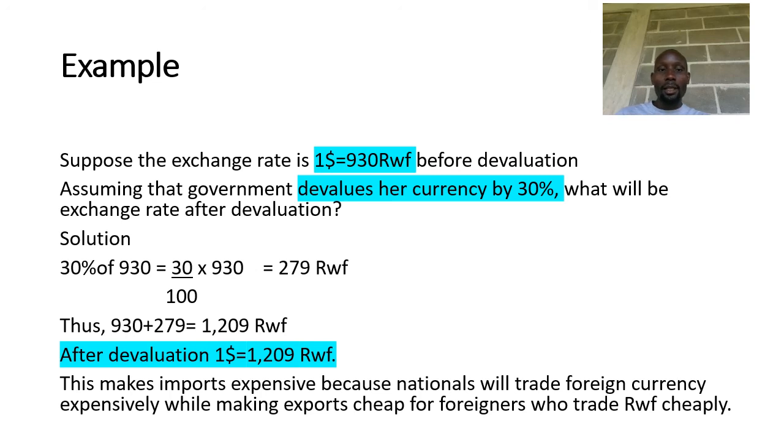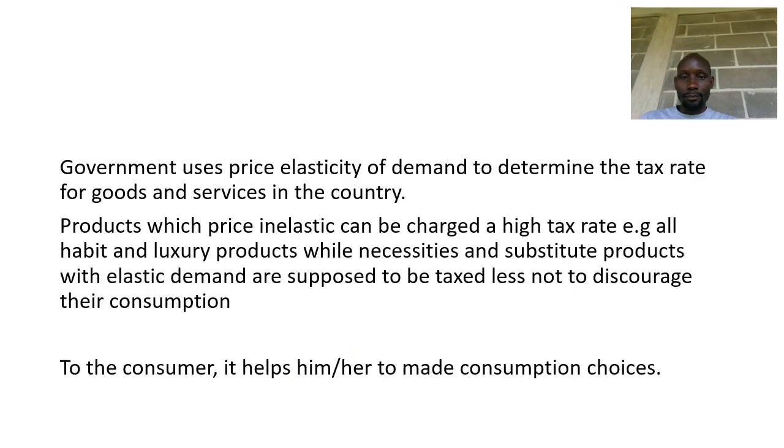So that's how devaluation is used to promote exports and discourage imports. However, for devaluation to be successful, the exports and the imports of a given country should be price elastic. If they are price inelastic, then it becomes disastrous to the economy, because the economy will have laid a trap which will catch it itself.